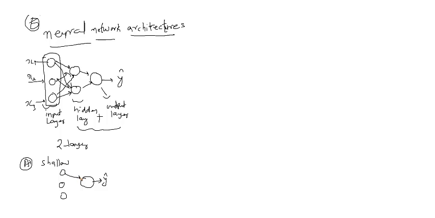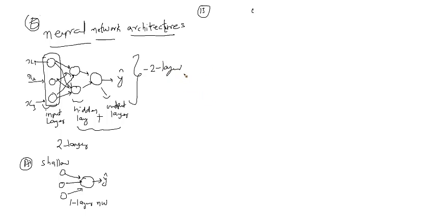So all of your input is feeding into this layer, and this is a one layer network. Okay, then let's look at a two-layer network. We already saw this one. There is one hidden layer.